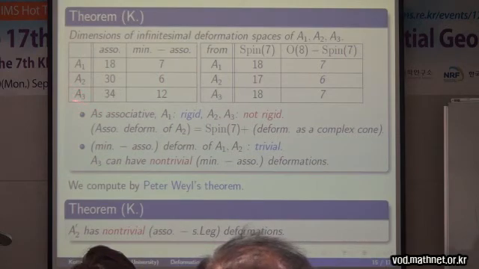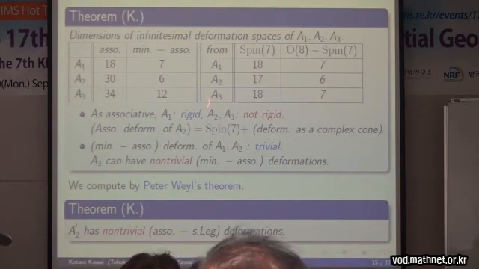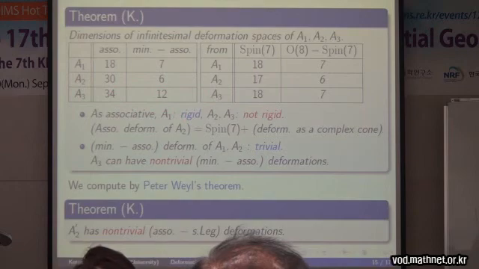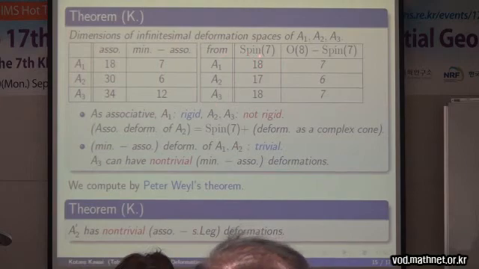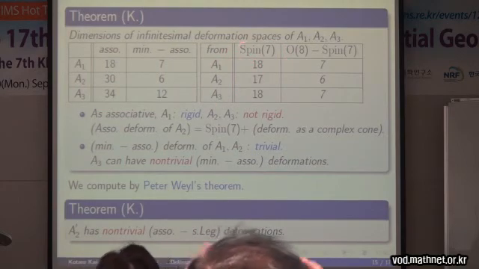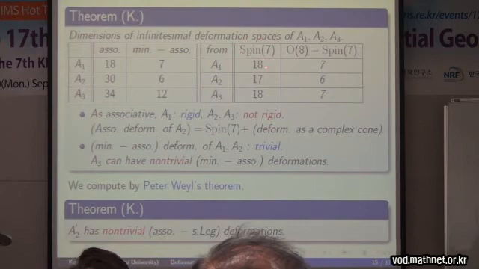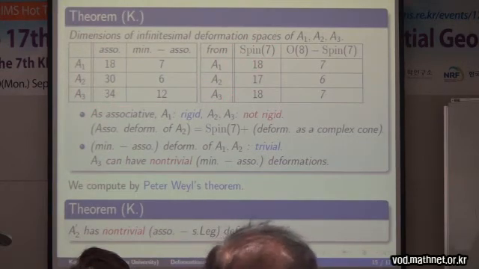In the case of A3, the difference of this over here is given by 12. But we note that Spin(7) is the automorphism group of the S7 with nearly parallel G2 structure, so there is a trivial deformation of associative submanifolds.